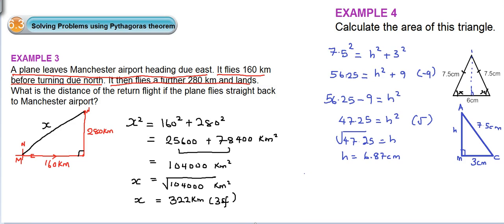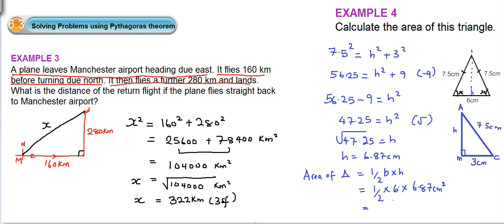Now, the area of a triangle is half the base times the perpendicular height. So we know what the height is now. So half times the base, which is 6, and the height is 6.87 centimeters.